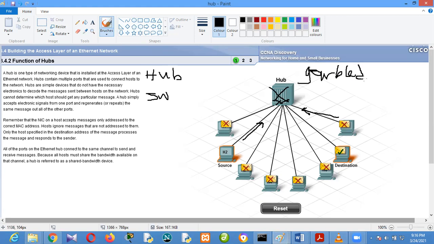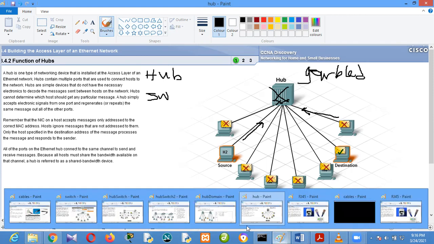And one thing the hub will do is still broadcast the garbled message, even though it is corrupt and useless. All these features the hub has make it not useful again in present technology.